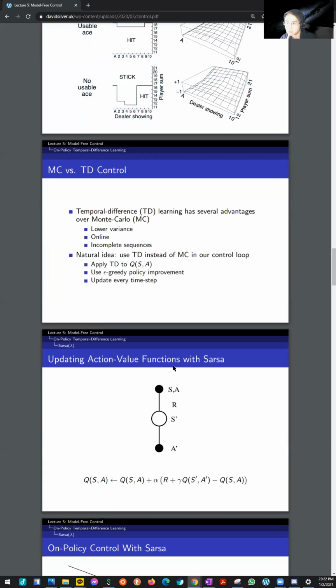But anyway, the on-policy approach could also lead to good policies.